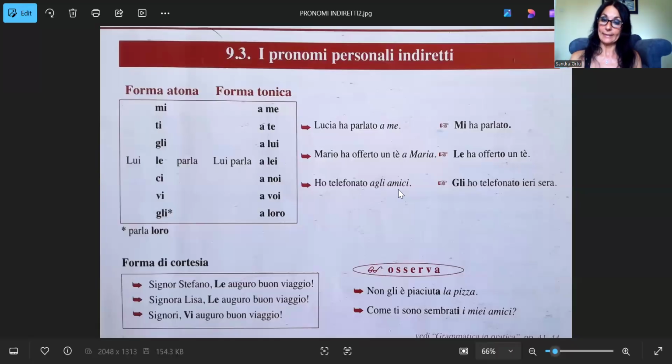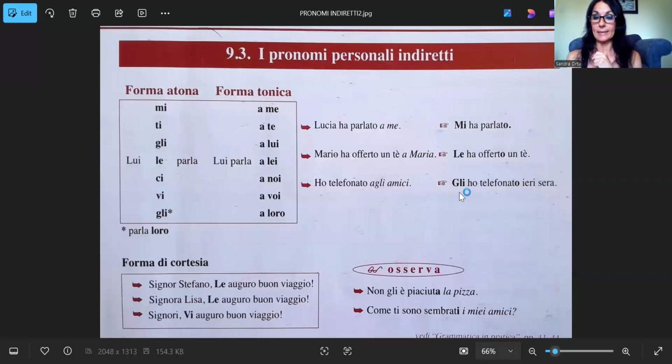Exactly the same here. "Ho telefonato agli amici." I called, or I telephoned, I phoned my friends, literally to the friends. So here we are specifying who I called. It doesn't work fantastically in English, really.